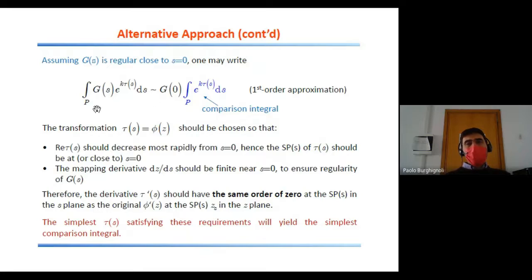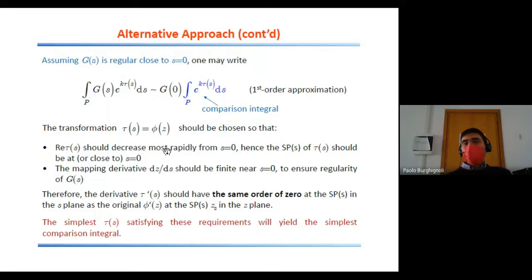Why? Well, because keep in mind that the transformation of variables in which tau of s is equated to phi of z is chosen so that the real part of tau decreases most rapidly from the origin, so that the saddle point of this tau function is at the origin or is close to the origin.